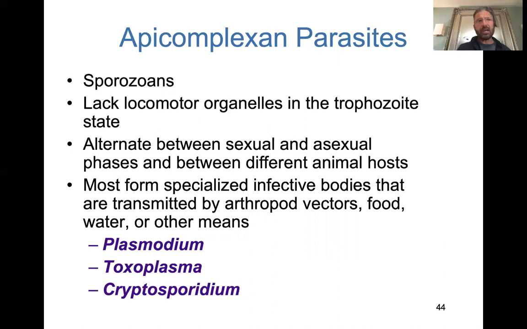They don't really have any flagella. They alternate between sexual and asexual phases and between different animal hosts. And the female Anopheles mosquito really isn't affected by this. Most form specialized infective bodies that are transmitted by arthropod vectors, and can be transmitted by food, water, or other means.